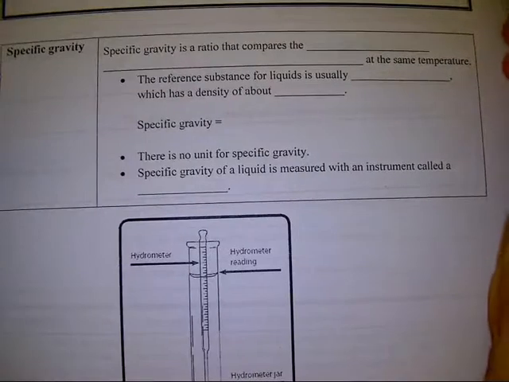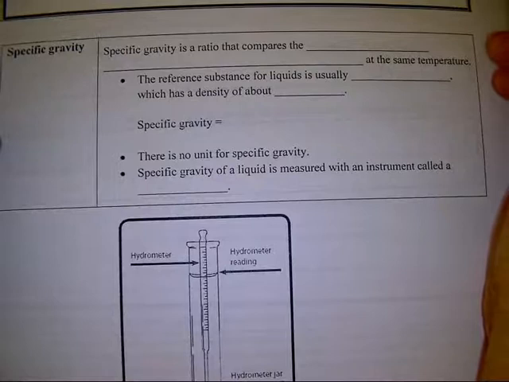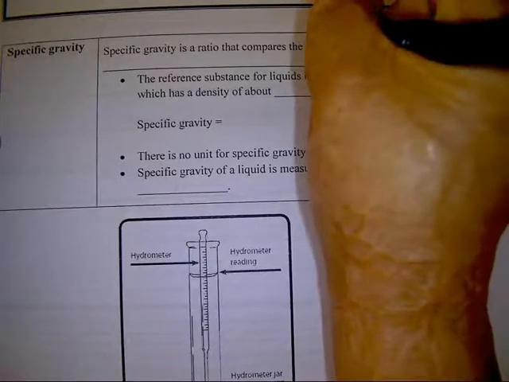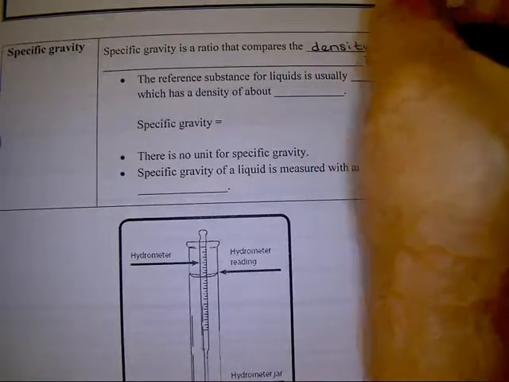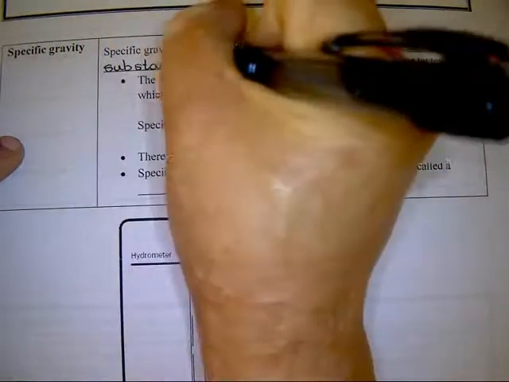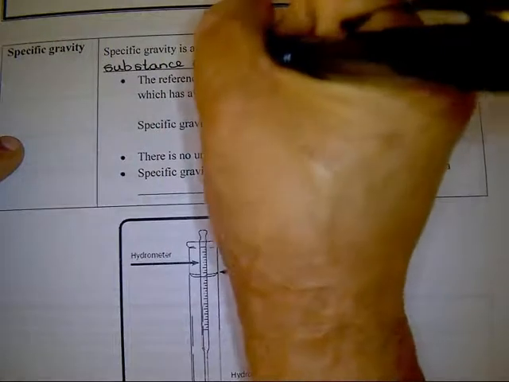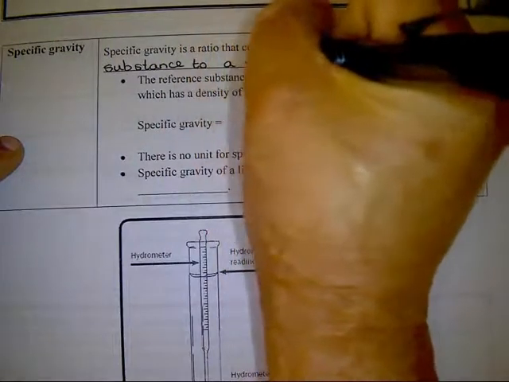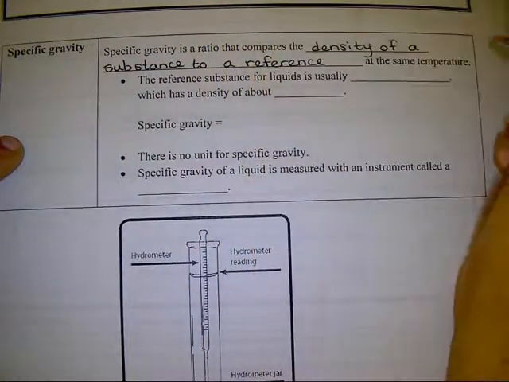There's one last thing that we need to talk about when we talk about density, and that is specific gravity. Specific gravity is a ratio that compares the density of a substance to a reference, at the same temperature.